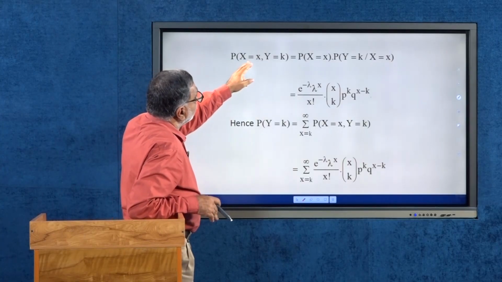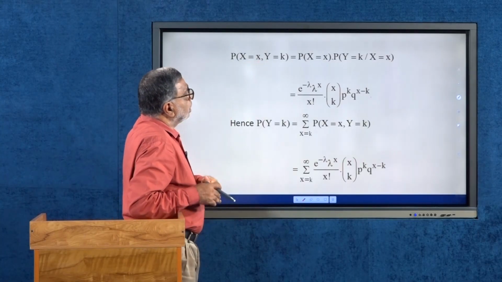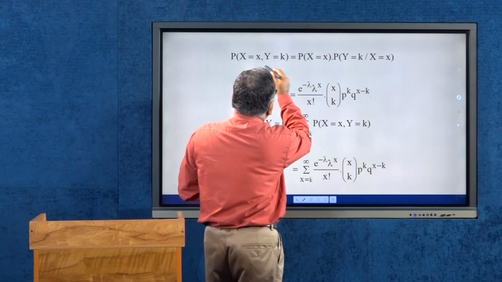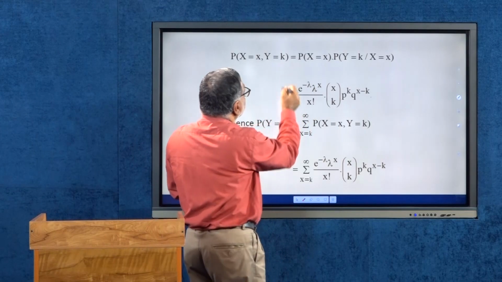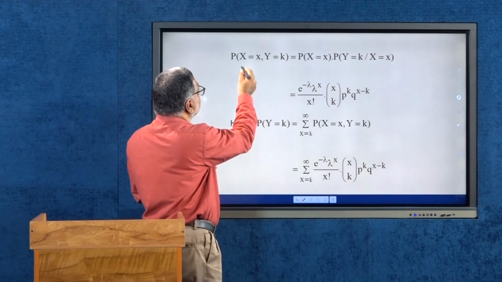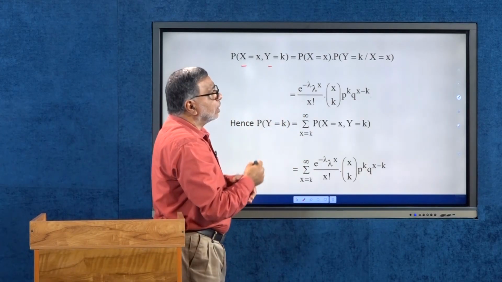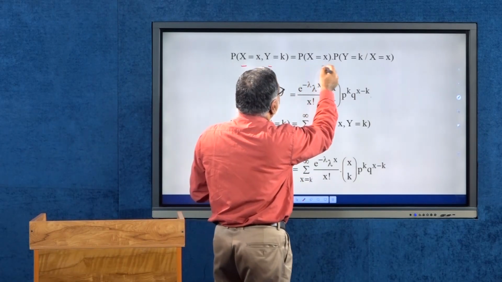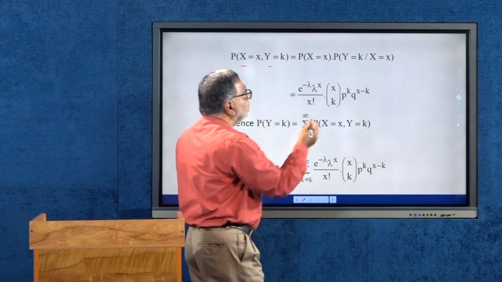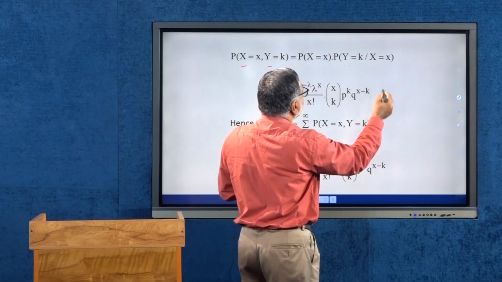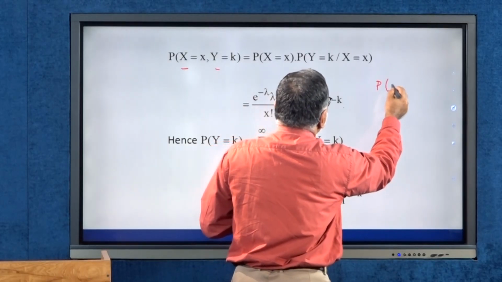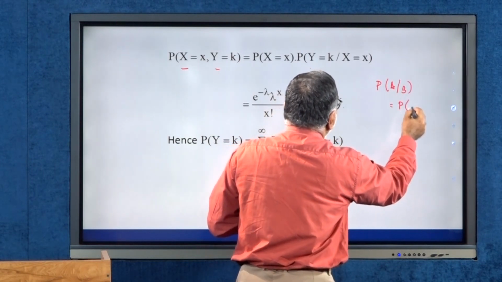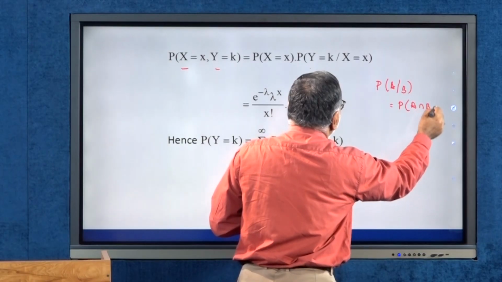Probability of x is equal to x, y is equal to k is the joint probability mass function of x and y, and that can be written as the probability of the univariate random variable x times the conditional distribution. You know that probability of a given b is equal to probability of a intersection b divided by probability of b.